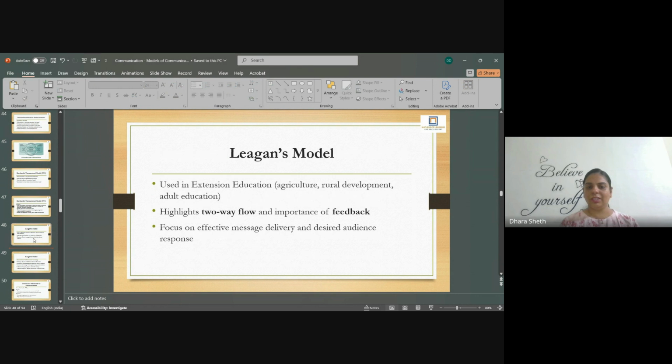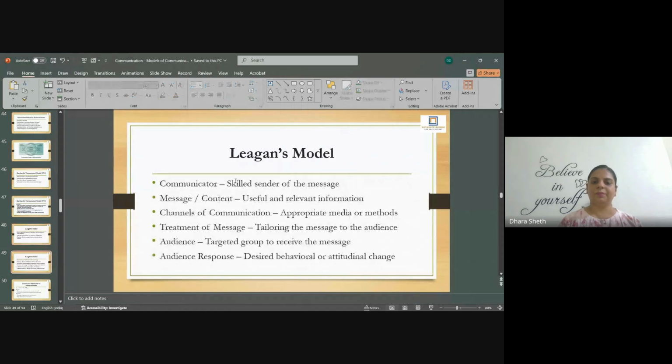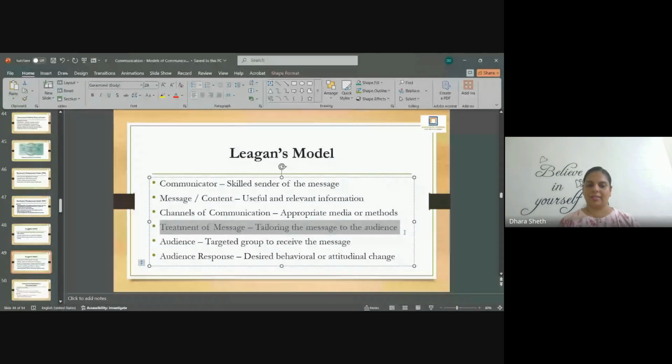Liggins model. Now this is used for agricultural, rural development, and adult education. Here, again, the words are communicator, message content, channels of communication, treatment of message, tailoring the message to the audience. This is a new concept here. Audience is the targeted group to receive the message, and audience response is the desired behavior or attitudinal change.